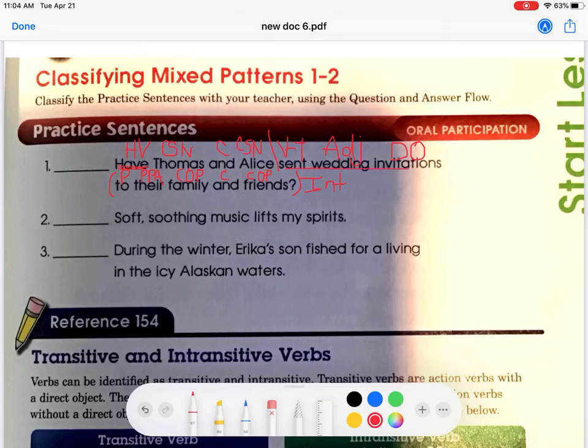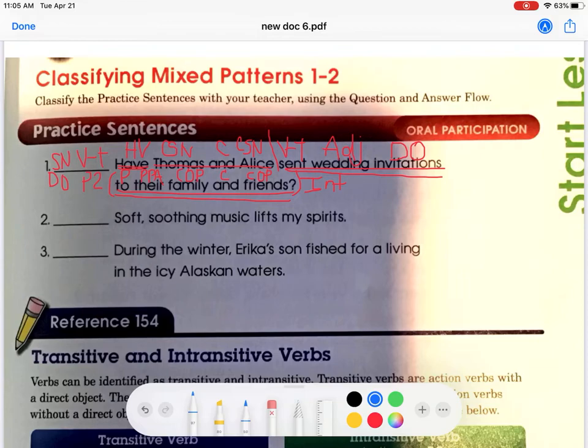I know it's kind of hard to tell. And then the rest of your complete predicate, sent wedding invitations with your prepositional phrase to their family and friends. And then your complete subject would just be Thomas and Alice. So for your pattern, you're going to write subject, noun, verb, transitive, direct object, pattern 2.